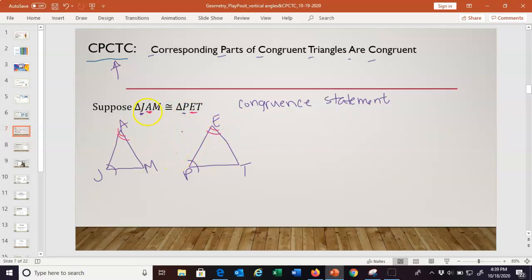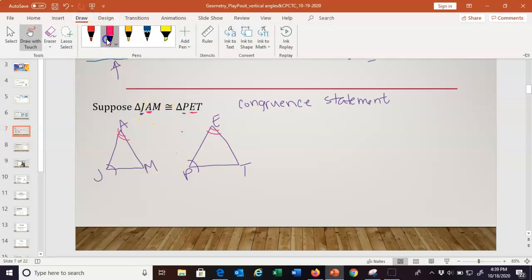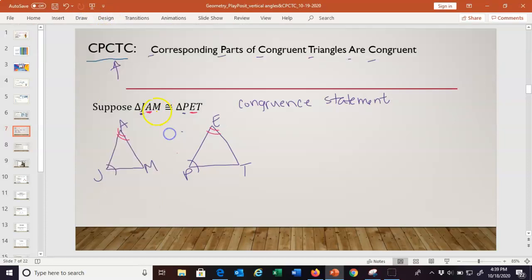They're in the same position in the congruence statement. And lastly, we have letter M and letter T. So those angles are congruent. So I made those tick marks match, 3. That's why it's a very powerful statement. We can get the congruencies just from the order the letters are written.